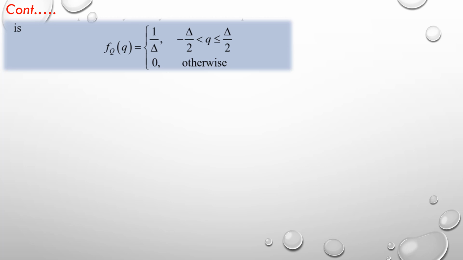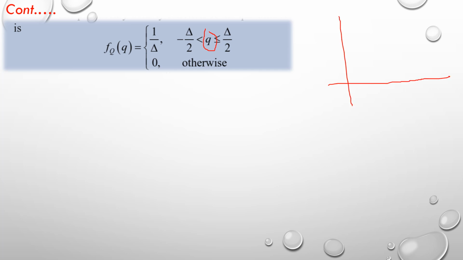The probability density function f_Q(q) is equal to 1 by delta when q is greater than or equal to minus delta by 2 and less than or equal to delta by 2. Otherwise, the probability density function is equal to 0. The range varies from minus delta by 2 to delta by 2, and this is the value of Q. We have to find the probability density function.